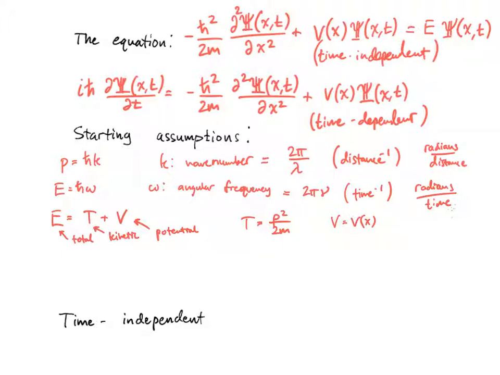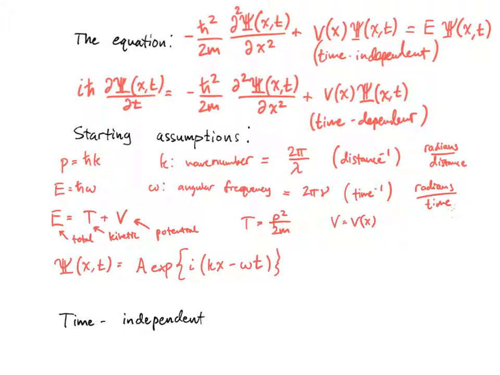Okay, the last assumption we're going to make is that the wave function itself, as a function of position and time, is equal to some maximum amplitude times the exponent of i, the imaginary number, times kx minus omega t.